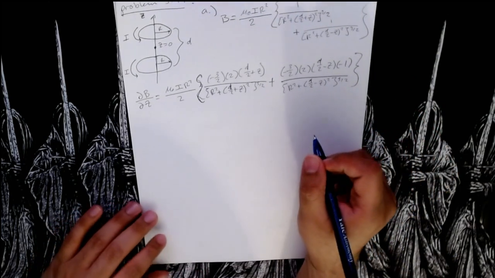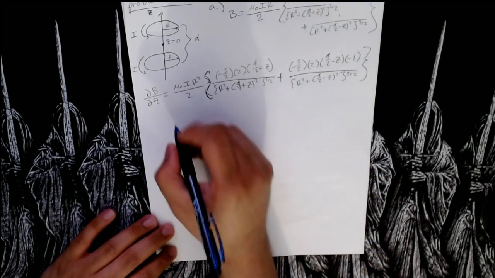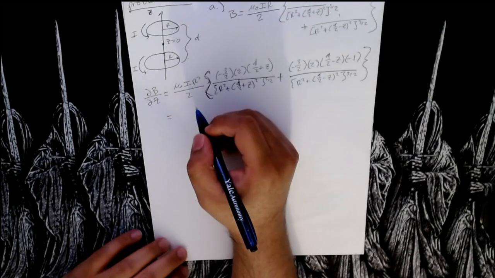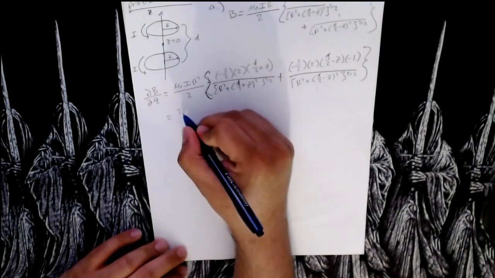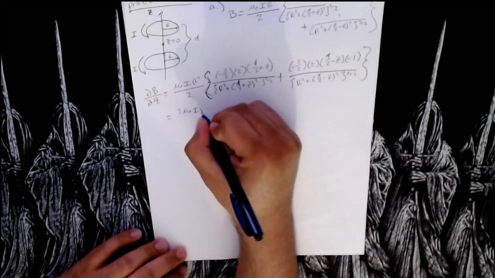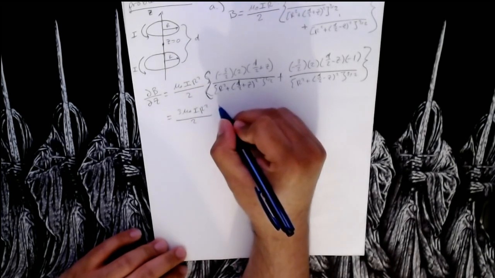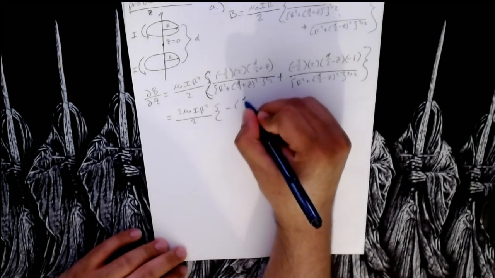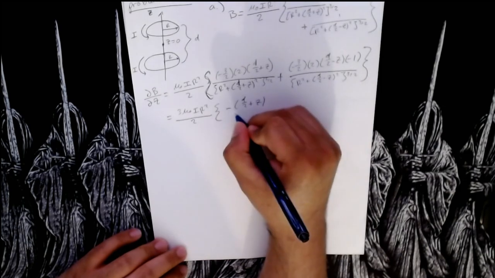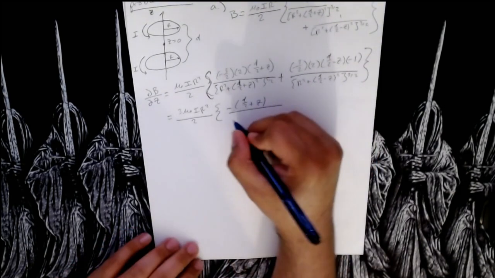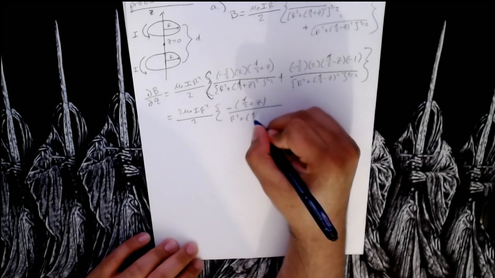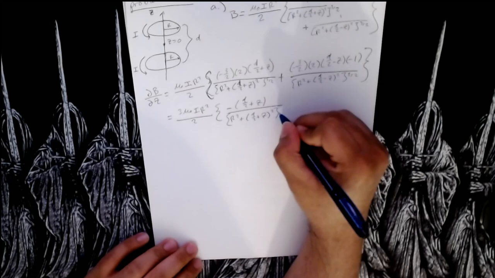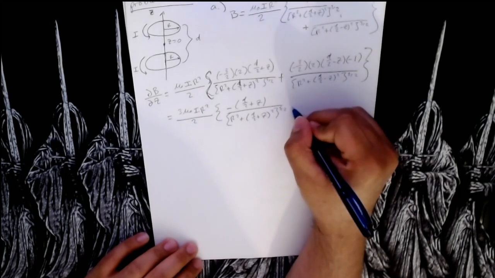Okay, now we can simplify this a little bit more. 3 mu naught I r squared over 2 is going to be negative (d/2 plus z) over r squared plus (d/2 plus z) squared, to the power of 5/2.